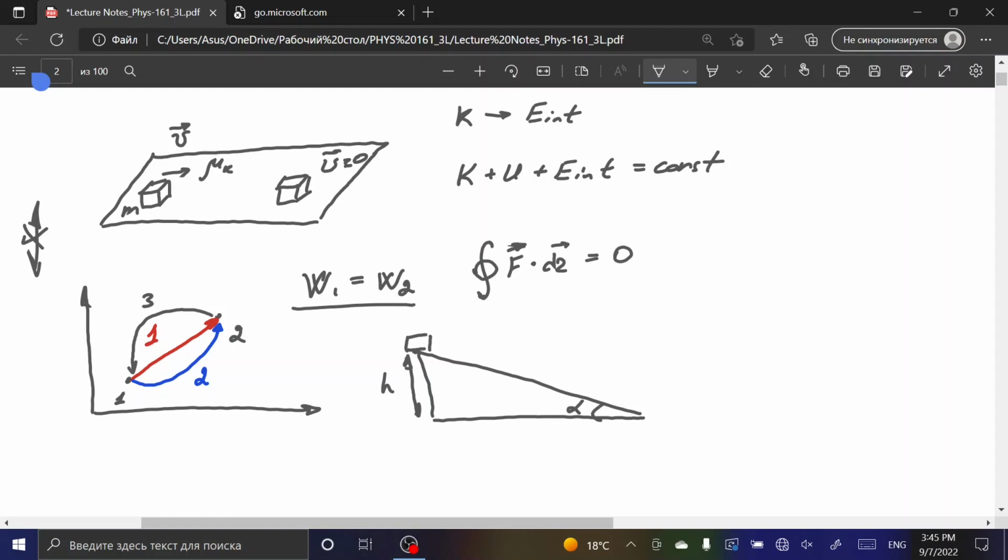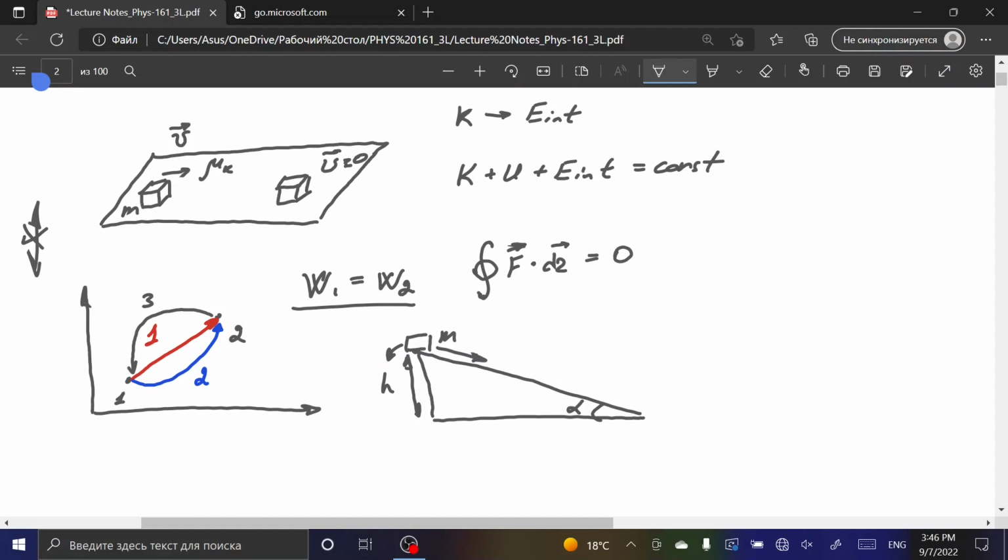So what will be the work done by the gravitational force if we drop this block with mass m from the edge of the inclined plane, or let this block slide without friction along the inclined plane?